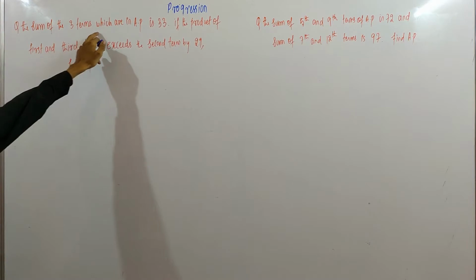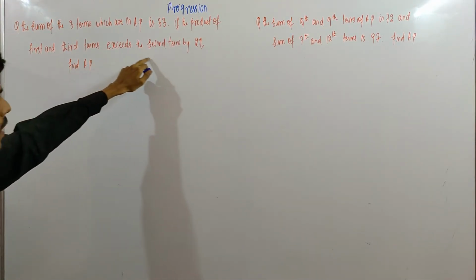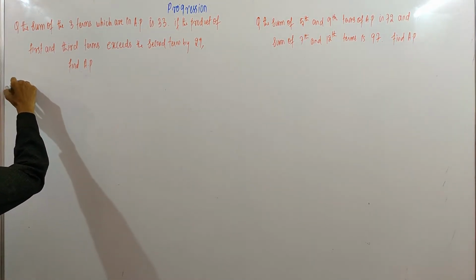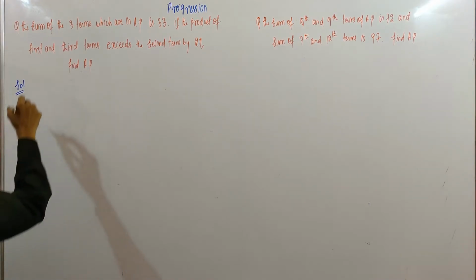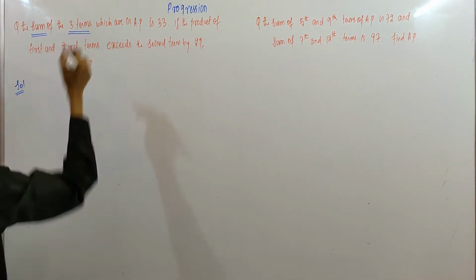The sum of three terms which are in AP is 33. If the product of the first and third term exceeds the second term by 29, find the arithmetic progression. Now we have the sum of three terms in AP.